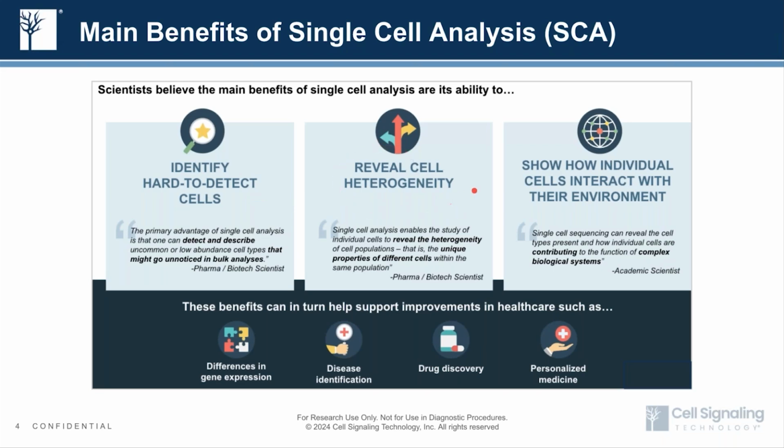It has also been used to look at cellular heterogeneity, to understand the transcriptome and find novel biomarkers in individual cells in a complex tissue, as well as understanding how different cells interact with their environment. It's been used to, like I said, study gene expression in different cell types, understand how disease develops and how certain drugs can impact certain cell populations and not others, and hopefully, in the future, help with the personalized medicine fields.